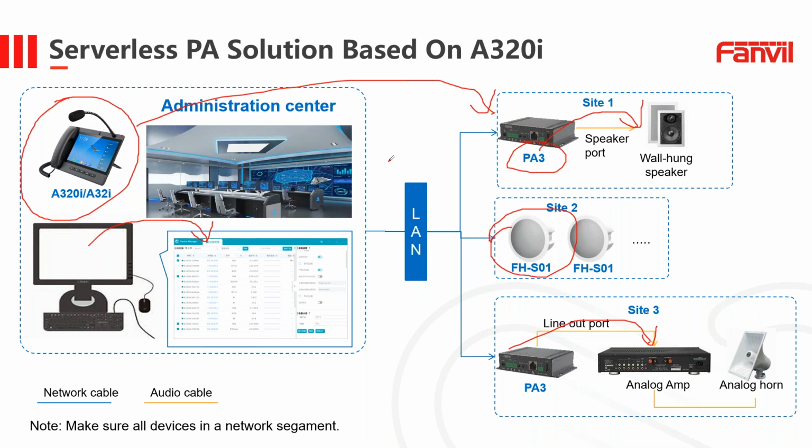For example, if they need analog speakers, maybe you don't need too many IP terminals. You may just need to prepare, for example, 20 or 30, and that will meet the customer's needs.